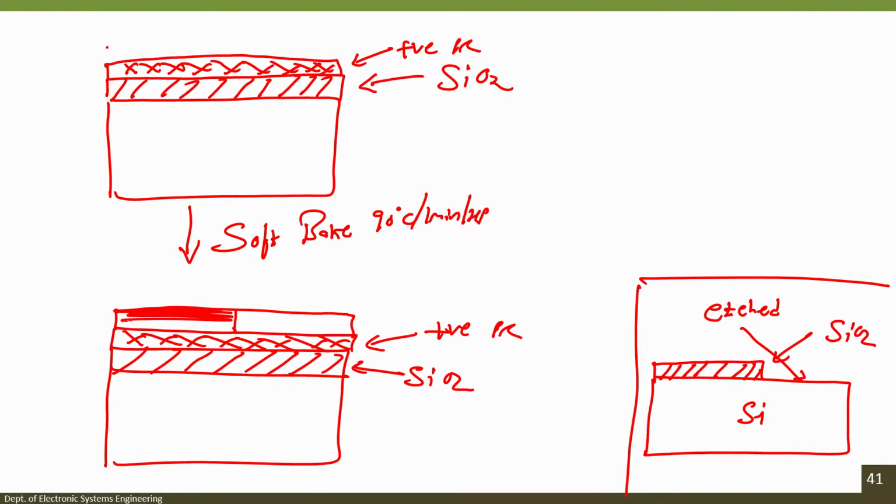I load the mask that has a pattern like this. Alright. Now, this is my bright field mask.